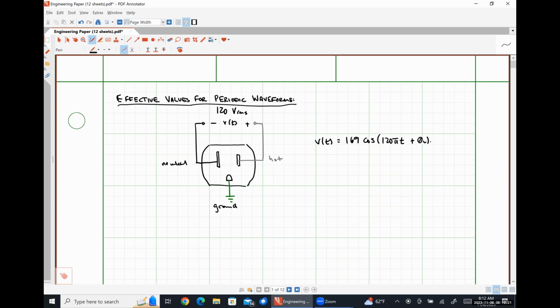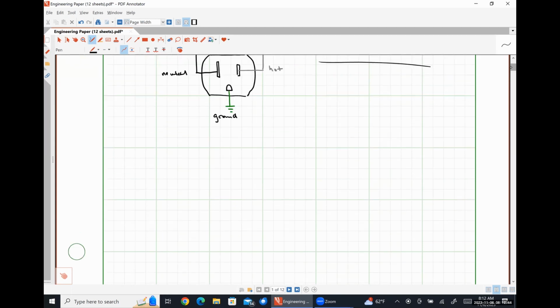And that 169 is approximate, so I'm going to put this here. So now we're going to talk about how in the world we get from this representation of a big, ugly time domain function to this representation that looks effectively as if it were a DC voltage. Okay. So we're going to define an effective value.